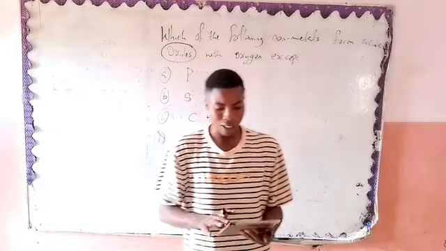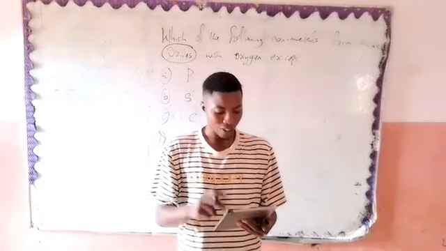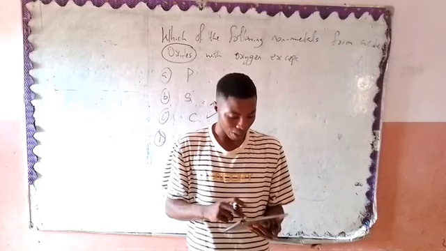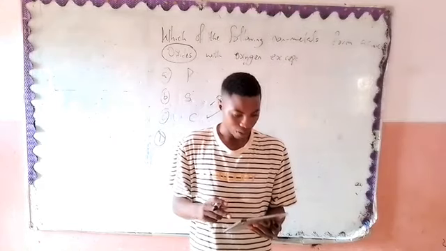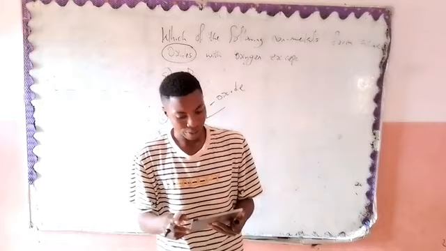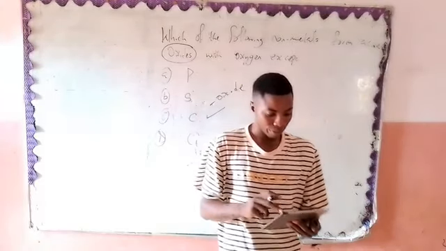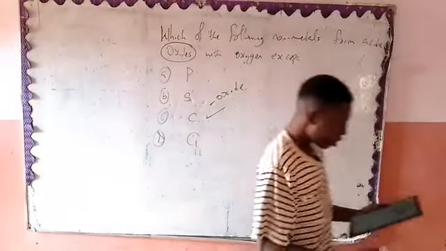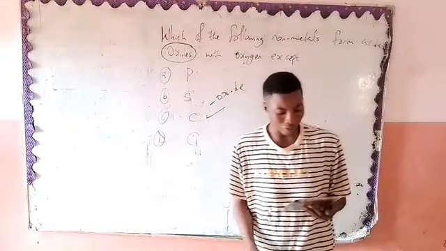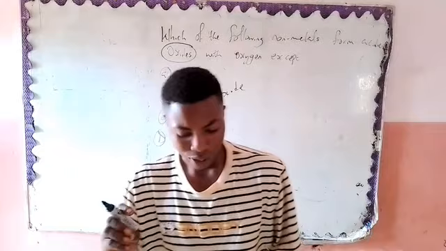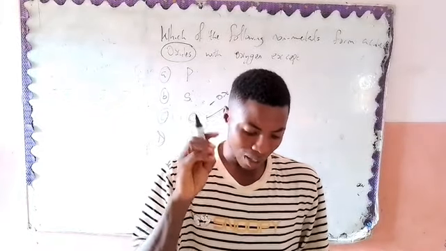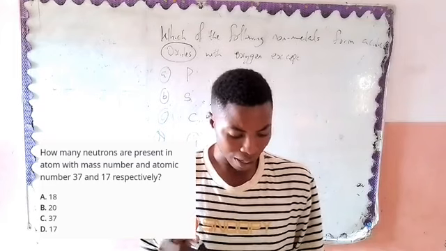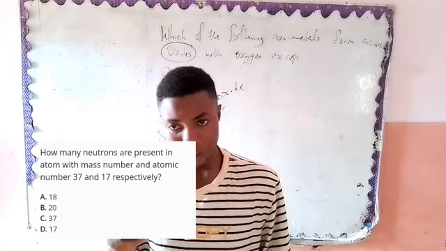So let's go over to the last question of the day. I know you're really enjoying this. So let's go to number, I think we're in number 6 now. In number 6 question we have: how many neutrons are present in an atom with mass number 37 and atomic number 17 respectively?